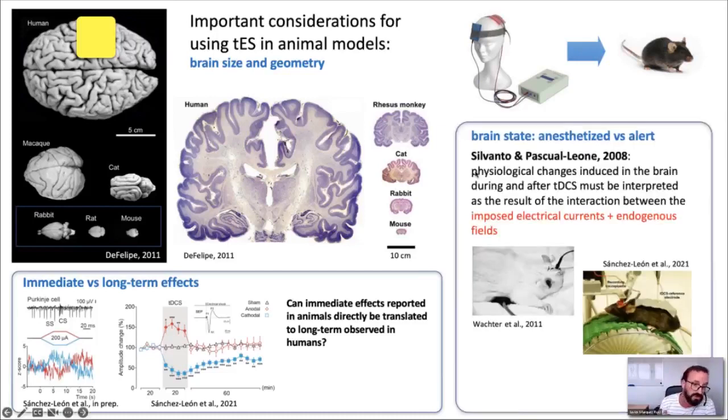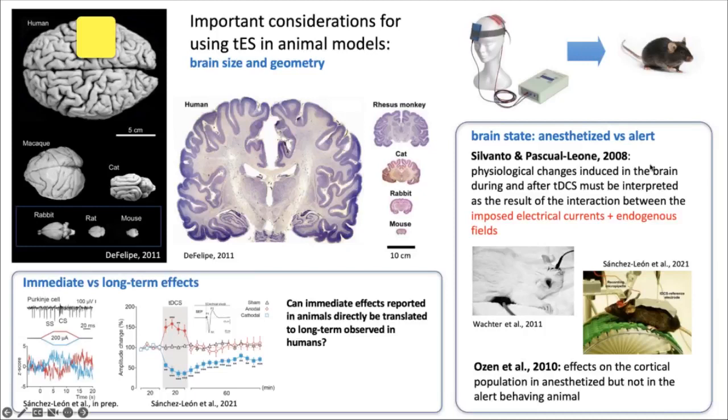The other important point that I have also mentioned here before is the brain state of the animal. Of course, we need to consider not only in vivo versus in vitro, but also we need to take care when we compare anesthetized results in comparison with alert.